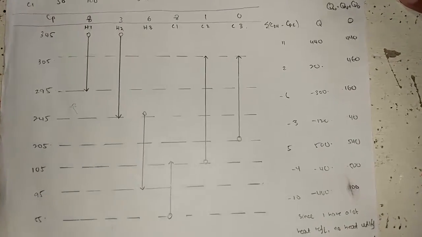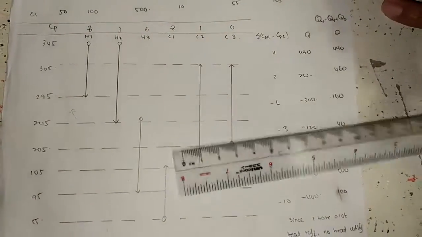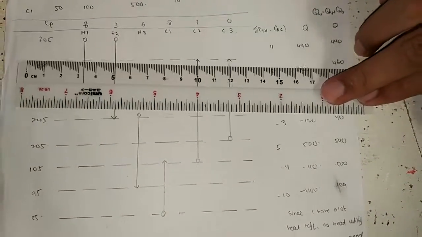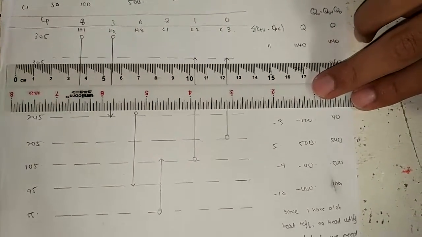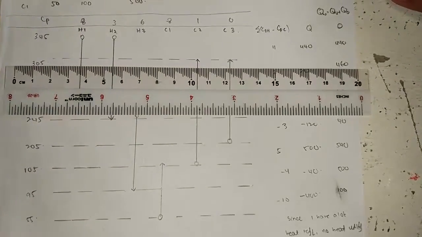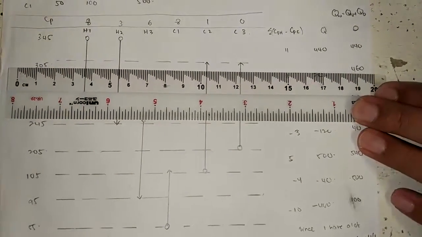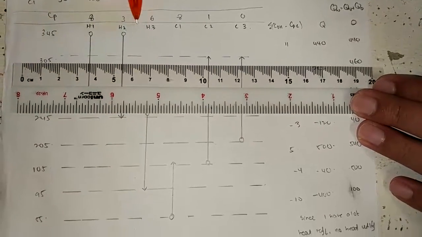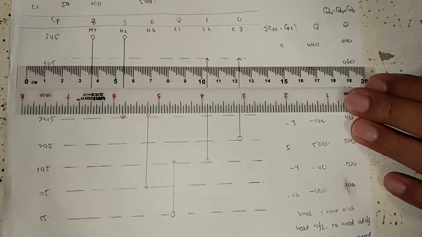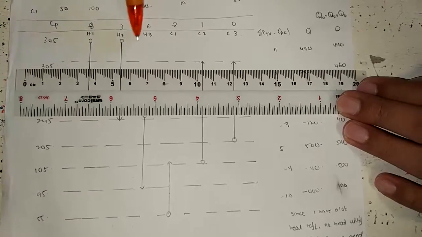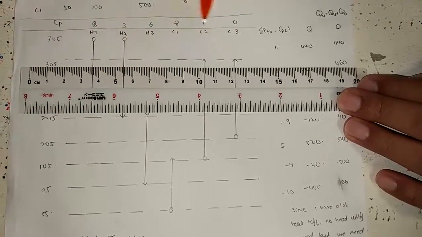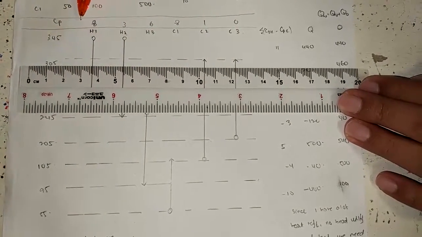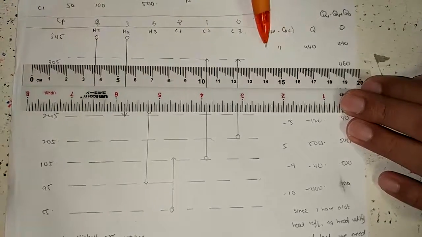The main highlight is to identify, for each interval of temperature, which is each row, the Cp hot minus Cp cold. For this table, the Cp hot is dominating, and from the addition of the Cp hot we get 11.